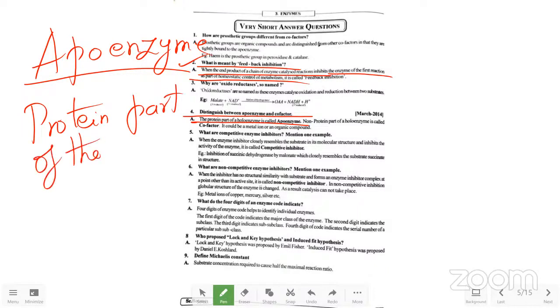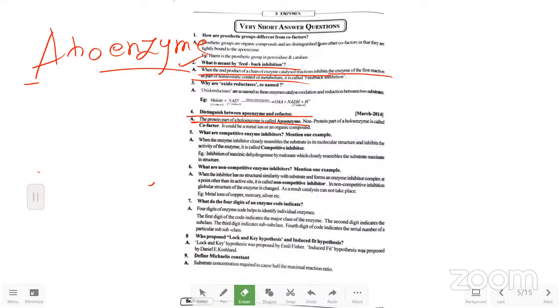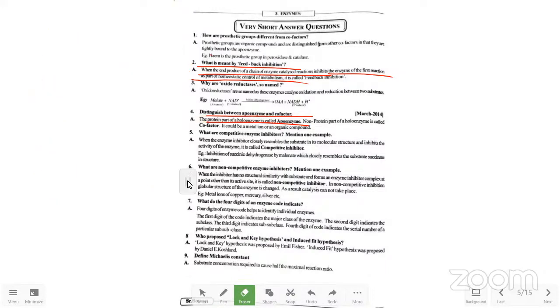Now cofactor. Cofactor means a metal ion, otherwise an organic compound that binds to the enzyme, is called the cofactor. If you write that much, it is sufficient.